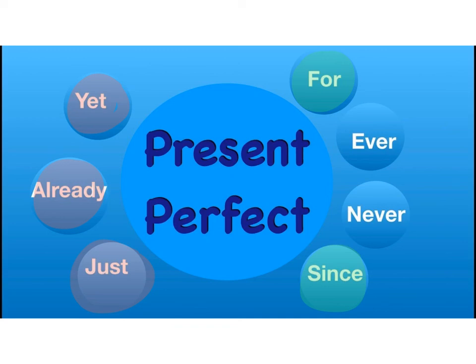And in today's lesson, we learned about things that have happened in your complete life. But we don't say when and we don't give any details. And that is ever and never. Okay, so this is present perfect and its time markers.